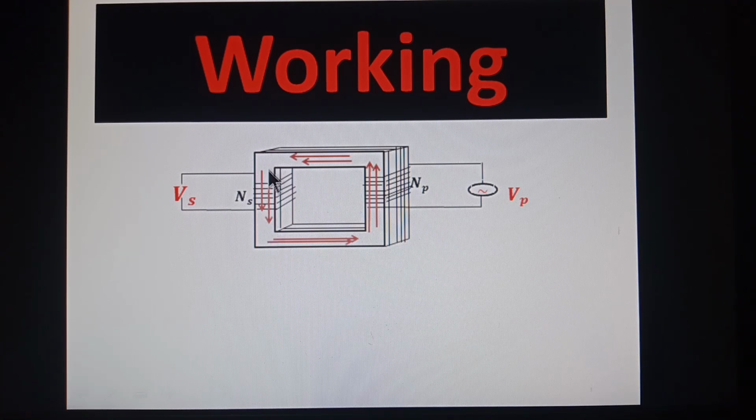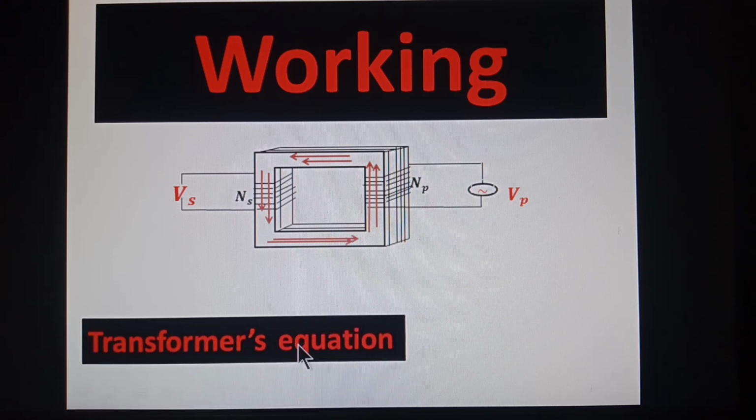So, in the secondary coil, the magnetic field changes with time, and this changing magnetic field produces EMF in the secondary coil. In this way, due to the phenomenon of mutual induction, a changing current in the primary coil produces current in the secondary coil.